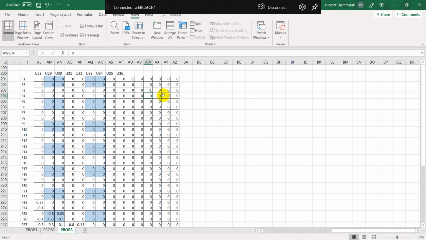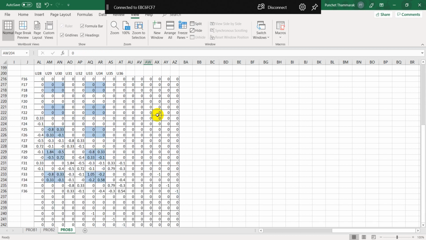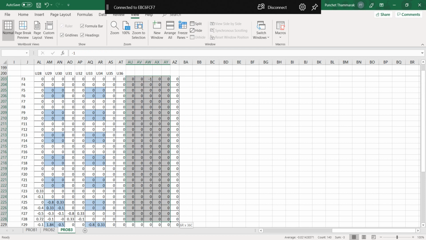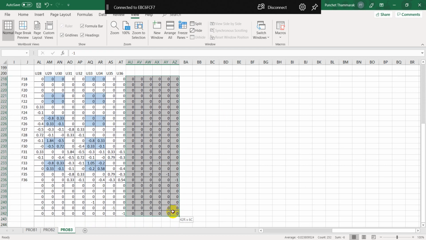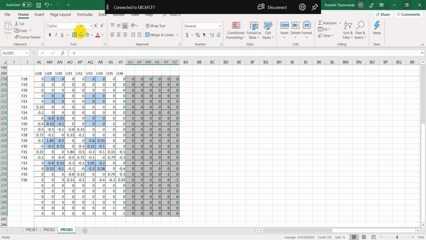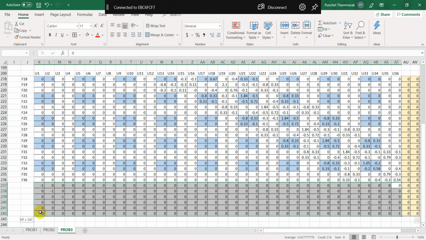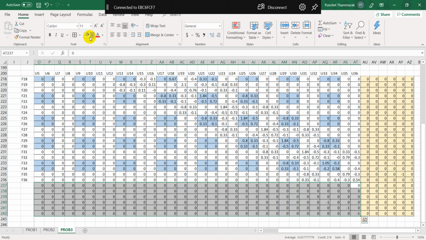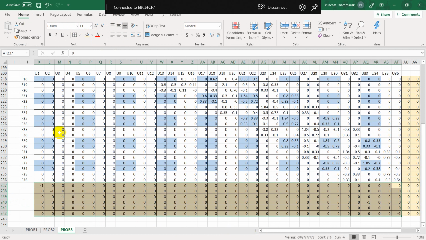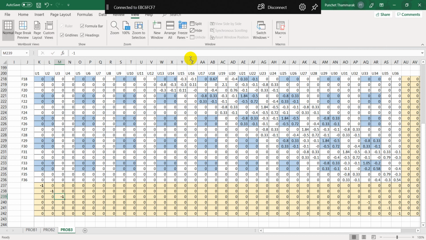Okay, thank you. Nice and clear. View unfreeze pane.